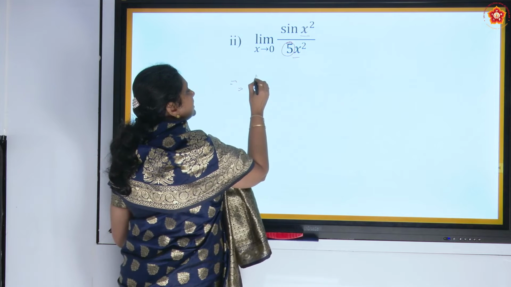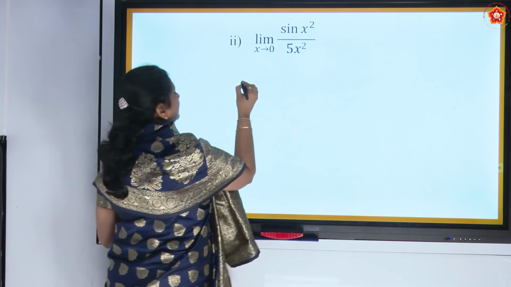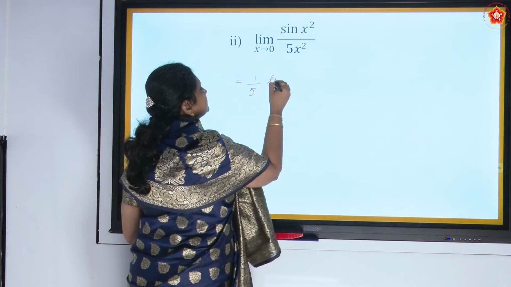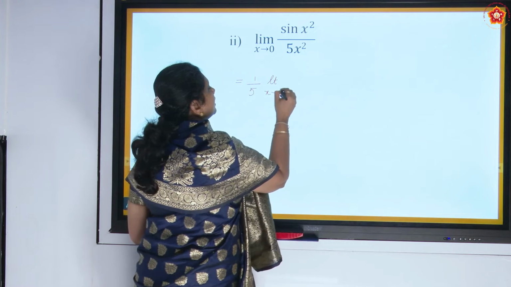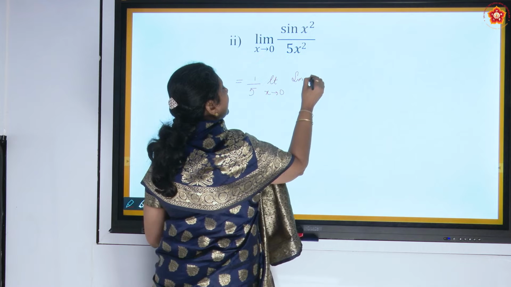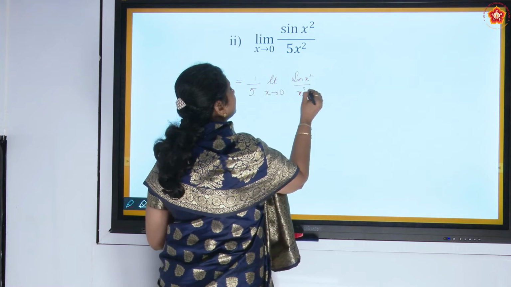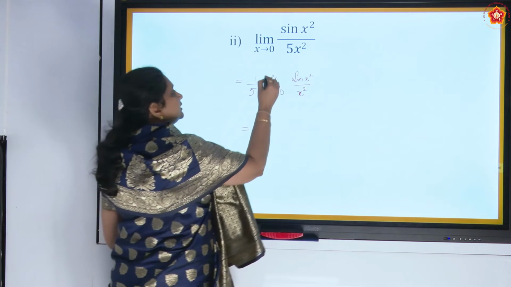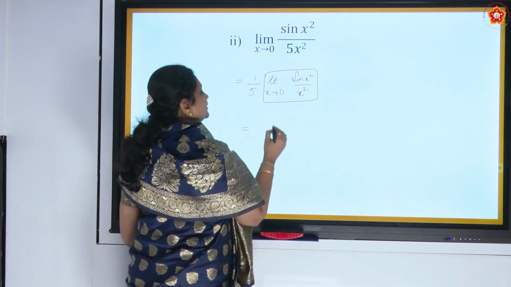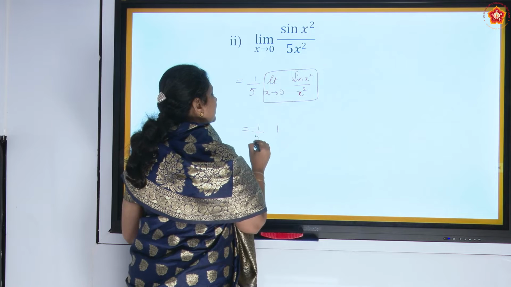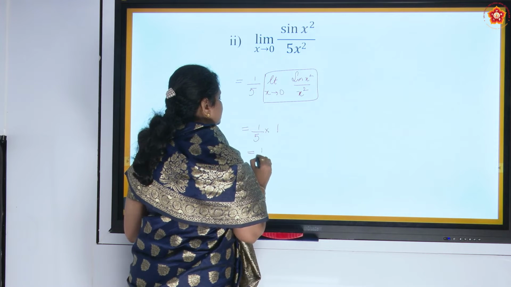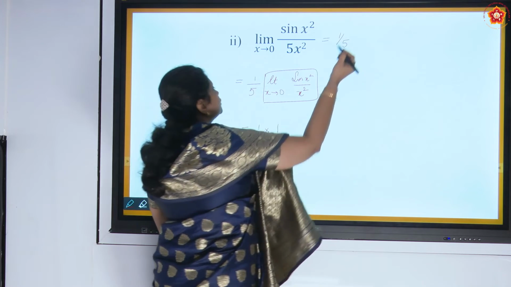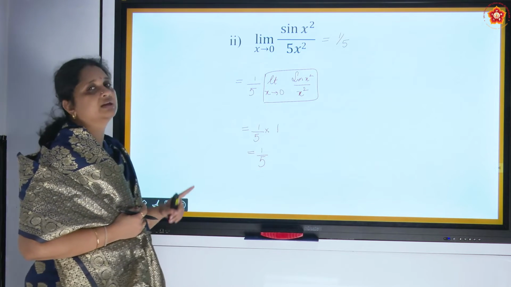So I can write this as 1 by 5 limit x tending to 0, sine x square by x square. So you know limit x tending to 0, sine x by x is 1. So this part is going to be 1. So 1 by 5 into 1. My answer is going to be 1 by 5. Easy, isn't it? So if we know the formula, it becomes very, very easy.